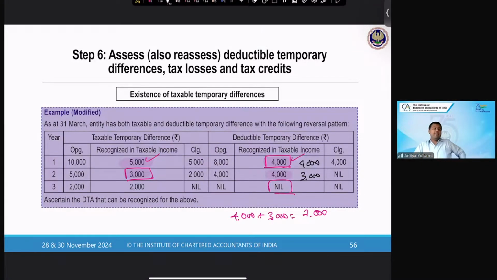If you do not have adequate reversals, then restrict recognizing the deductible differences to the extent of reversal pattern of taxable temporary differences. Last case, nothing is there to reverse, so you will book only 7,000.